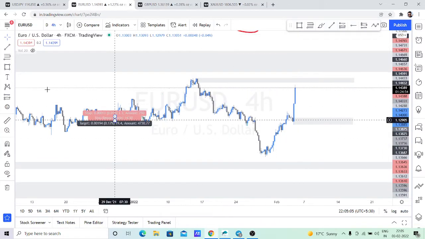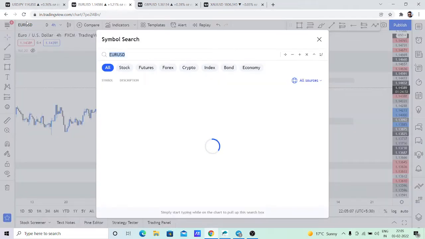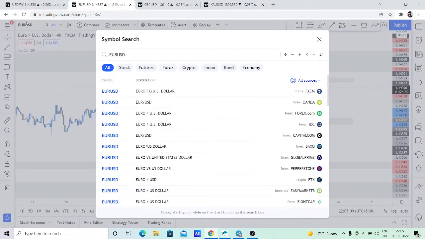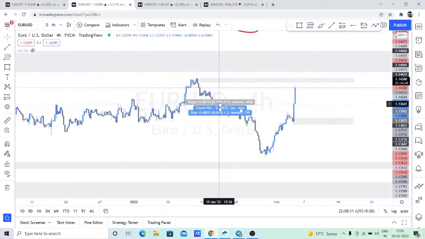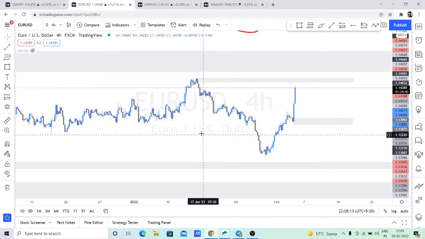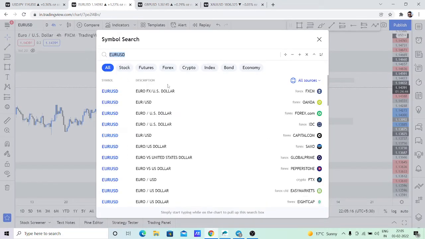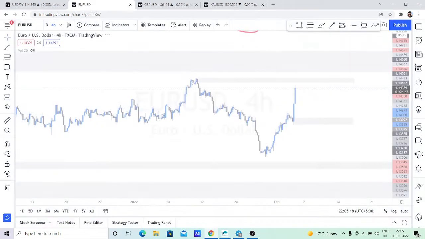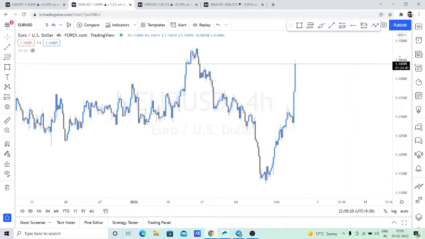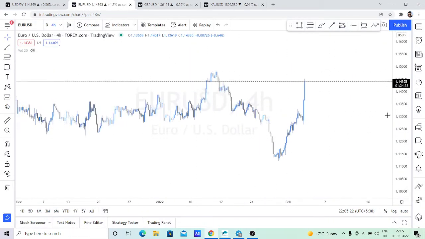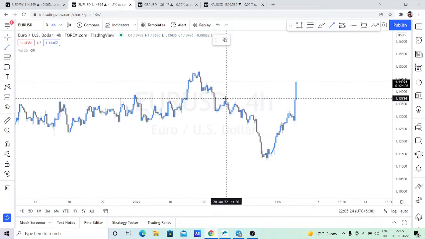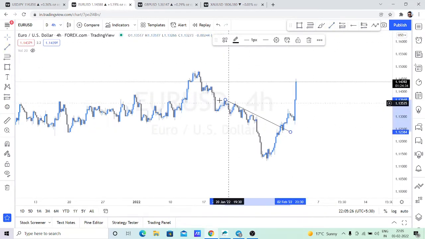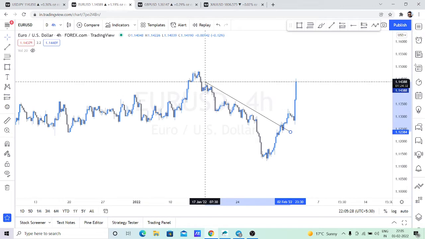Let me move this to another chart. Okay, I don't have any marks here. So here you see there is a trend line, maybe from here, whatever.